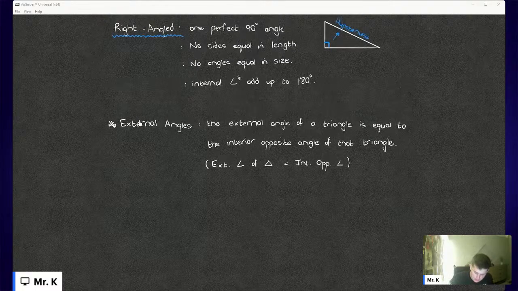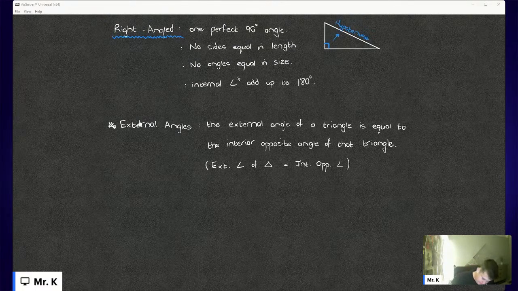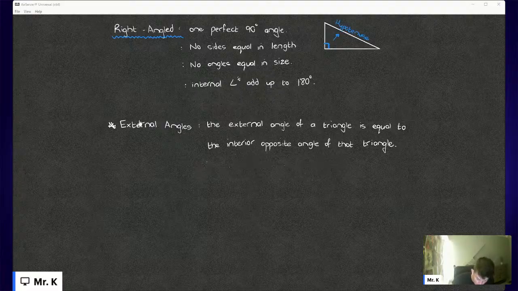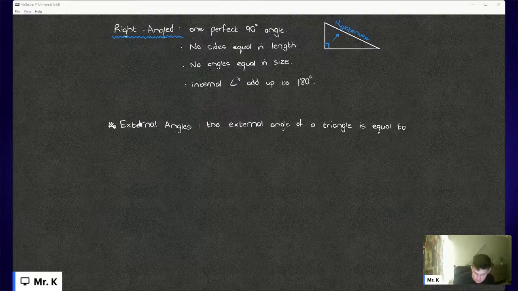Sorry guys, I did make a mistake. I apologize. I just need to quickly rewrite part of this definition. I was thinking in terms of quadrilaterals, not triangles. Sorry, guys, that's on me. I apologize. The external angle of a triangle is equal to the sum of the interior opposite angles.